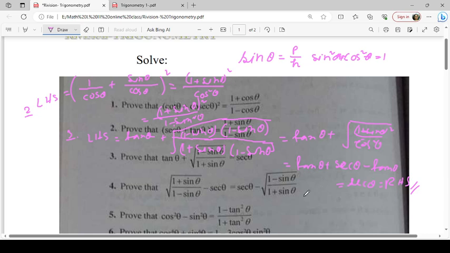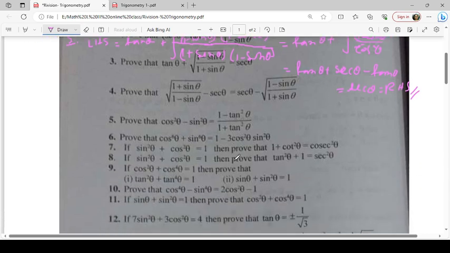This is also the same, you can try it. Cos square theta minus sine square theta, it is very simple. So we can have number 5. Left hand side is cos square theta minus sine square theta.